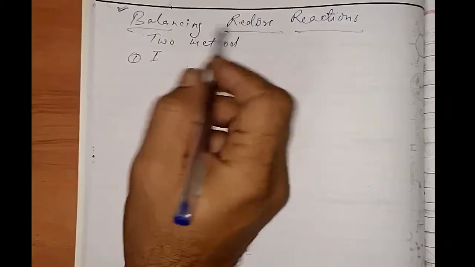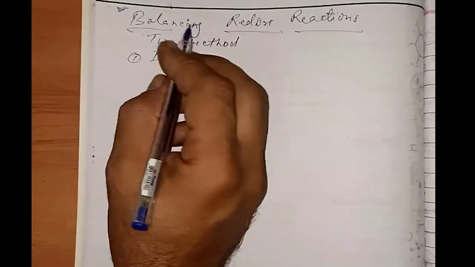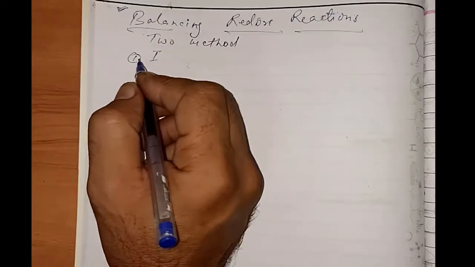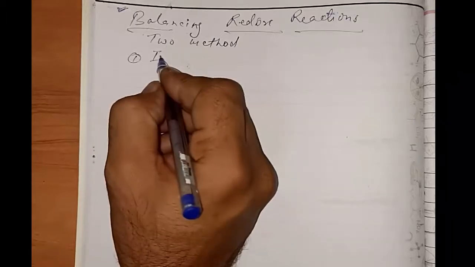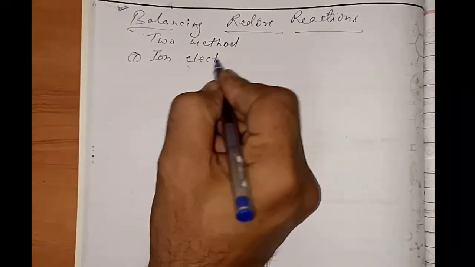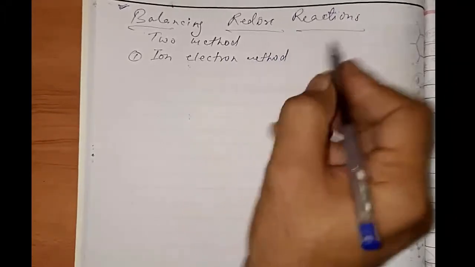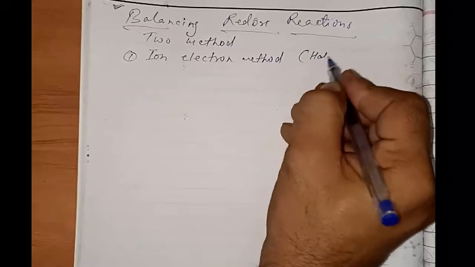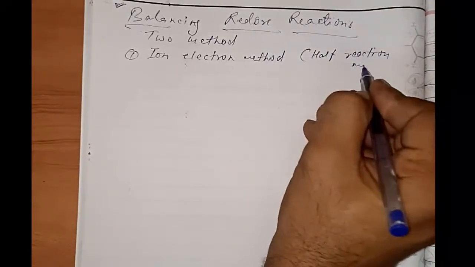So students, our next topic is balancing redox reactions. This is a very important topic of this chapter. In balancing redox reactions, we can use two methods. The first one is the ion electron method, which is also called the half reaction method.